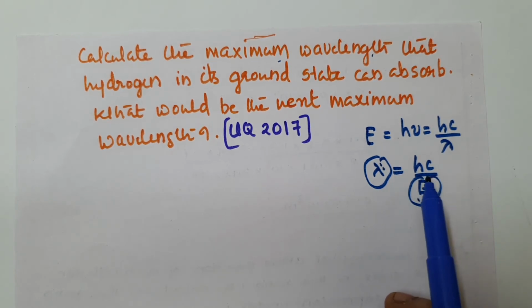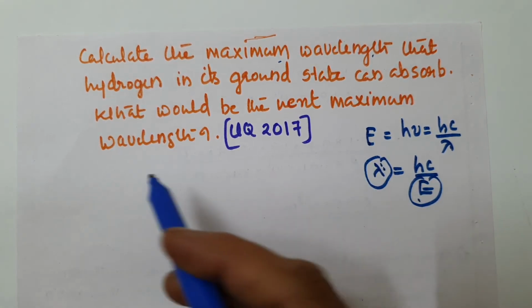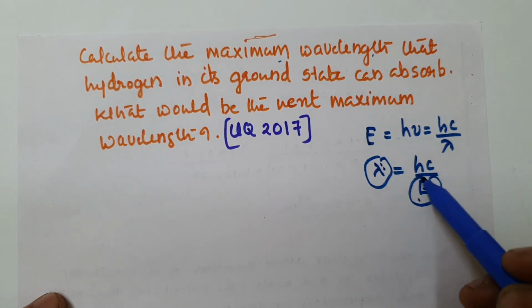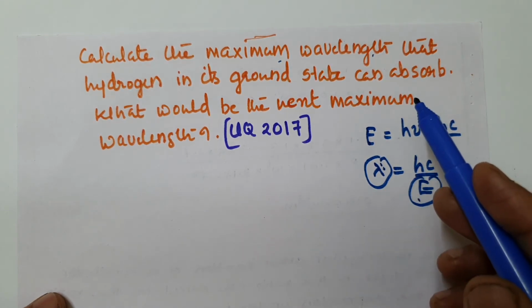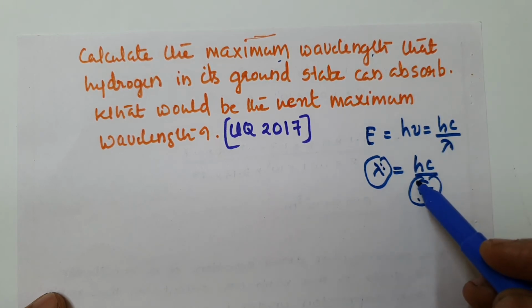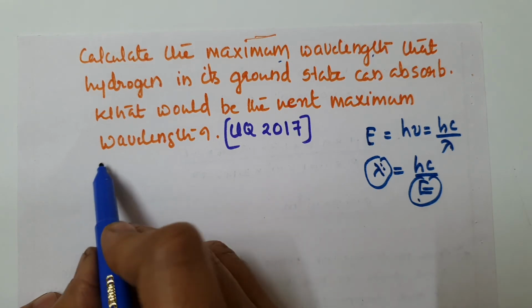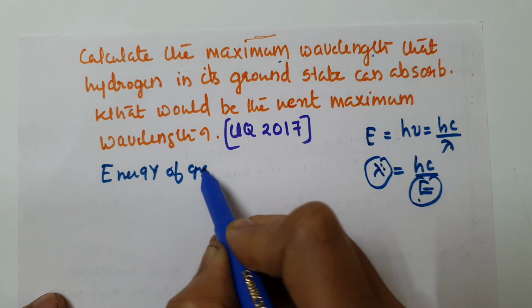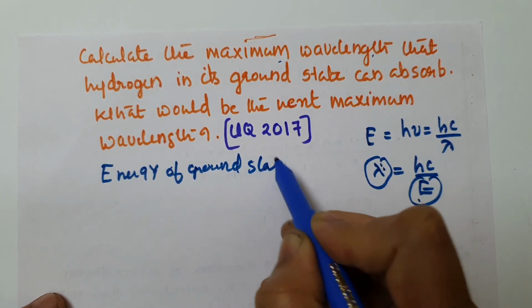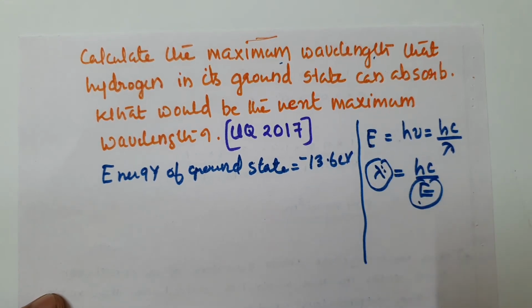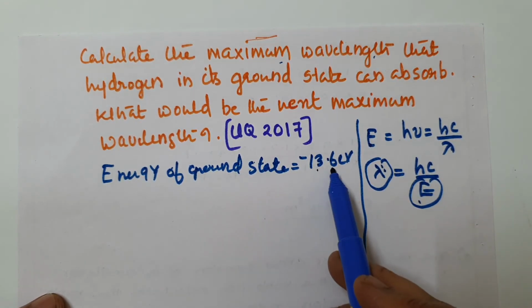The energy will be minimum means the transition will take place from the ground state to the first excited state. So we know that the energy of the ground state is minus 13.6 eV.